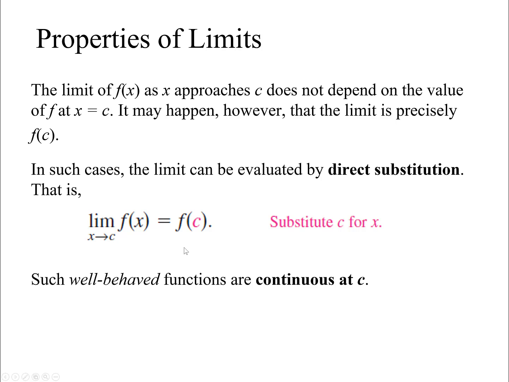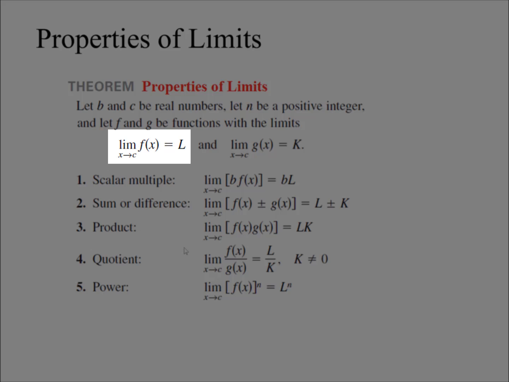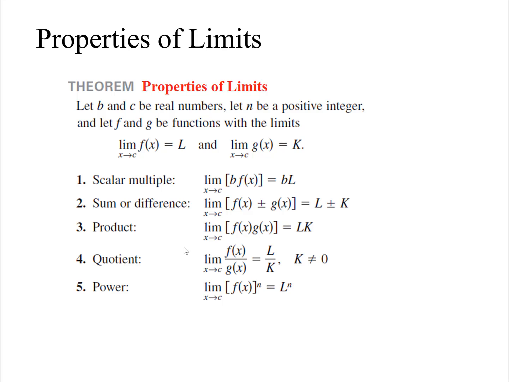Okay, now these are some technical properties. These are great properties to have. Suppose you knew that the limit as x approaches c of f of x is L, and the limit as x approaches c of g of x is k. One thing to note, we have two different functions, but we have the same c value here. They're both considering the same c value.